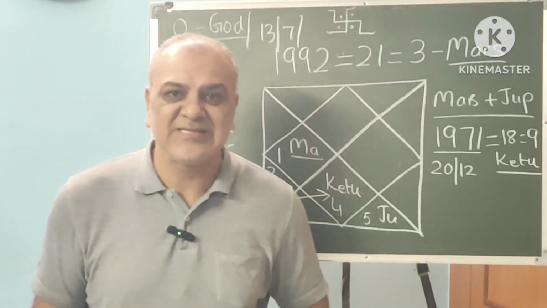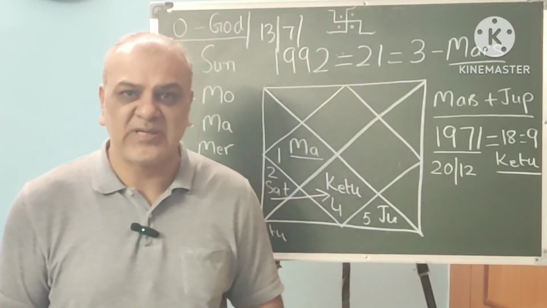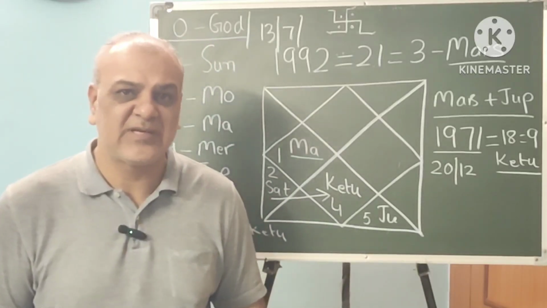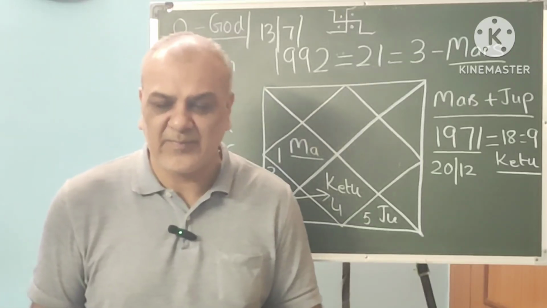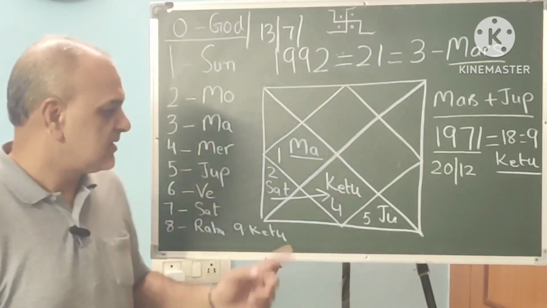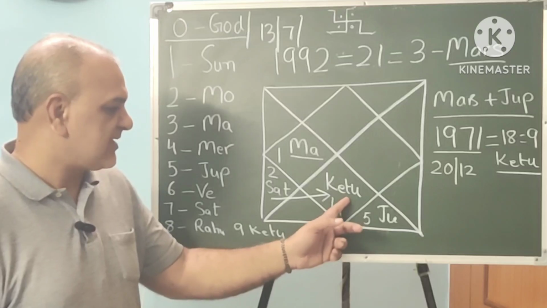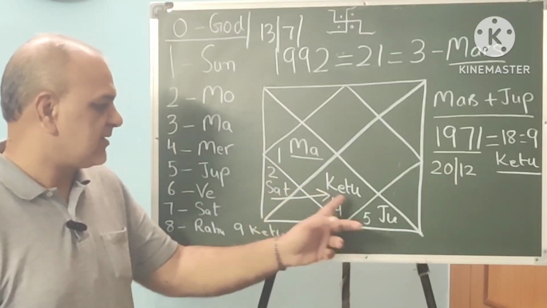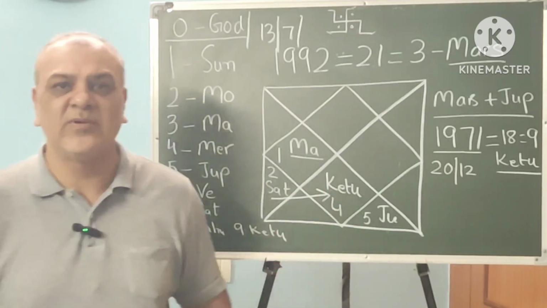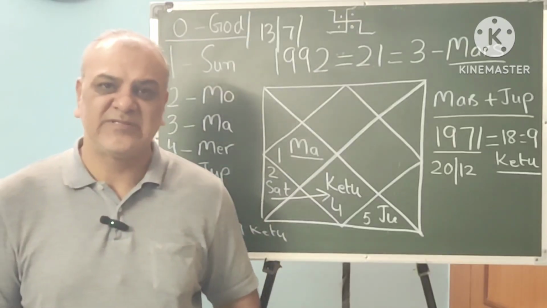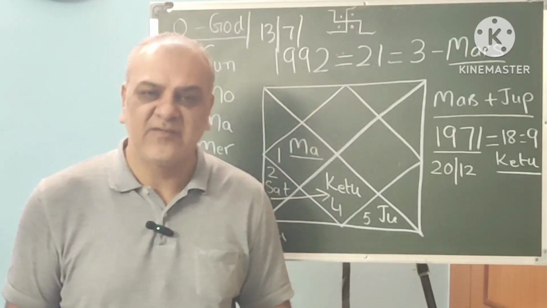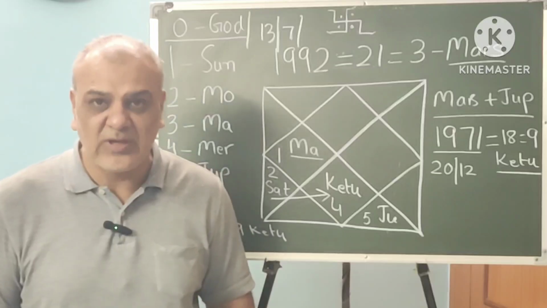The number 4 sign is denoted by mother. It is the sign of mother in the Kaal Purusha Kundli. It is the sign of family happiness in the Kaal Purusha Kundli. So definitely when Ketu is placed in the number 4 sign aspected by Saturn, he will have a lot of problems in those areas. When Saturn aspects Ketu with this third aspect, he will travel to holy places.